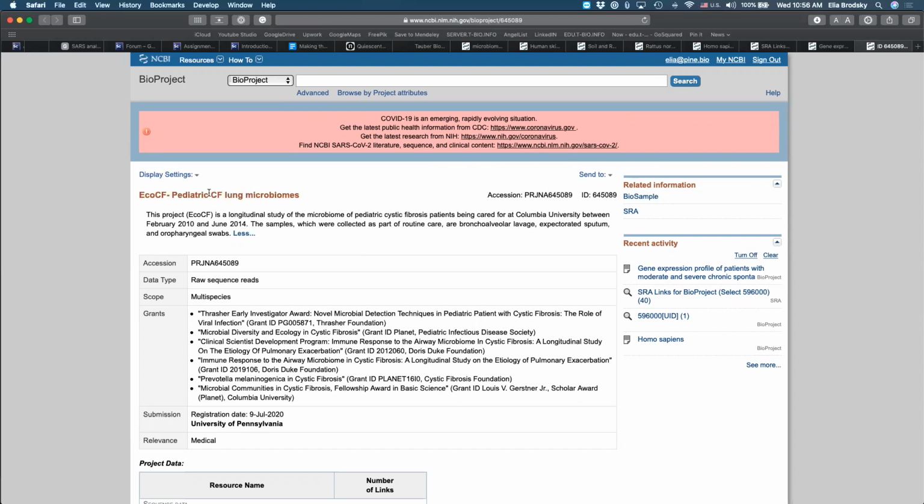So CF stands for cystic fibrosis. Patients being cared for at Columbia University between February 2010 and June 2014. The samples, which were collected as part of routine care, are bronchoalveolar lavage, expectorated sputum, and oropharyngeal swabs.